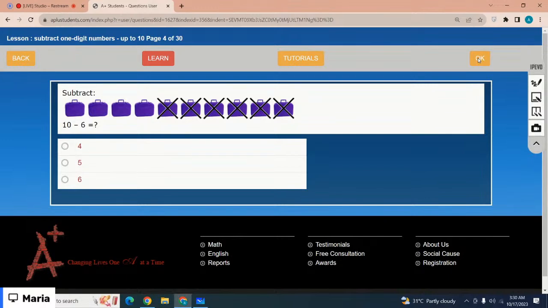The correct option is, yes, you have to count the ones that are not crossed. So 10 take away 6 equals 4. The correct option is 4.